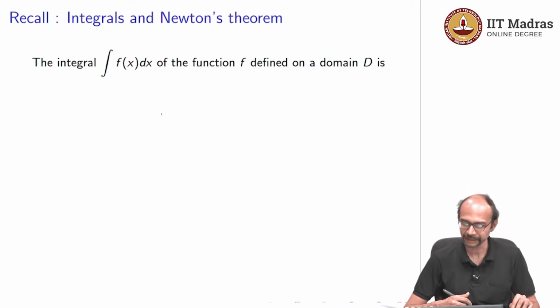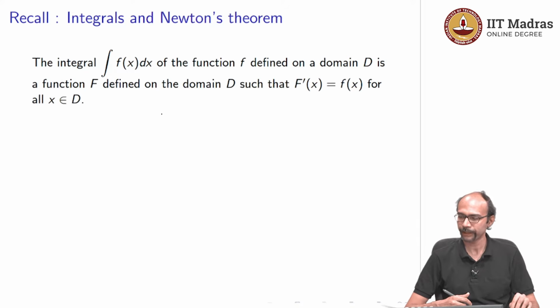So, let us go through the statement. The integral, denoted as integral f(x) dx, of the function f defined on the domain D, is a function capital F defined on the domain D such that capital F prime of x is little f of x for all x in D. So, this integral f(x) dx is equal to capital F of x. That's what the statement is saying.